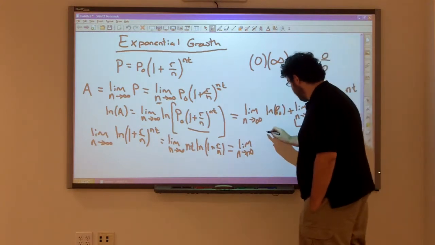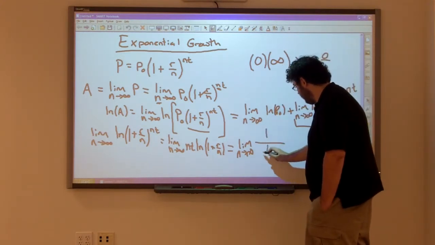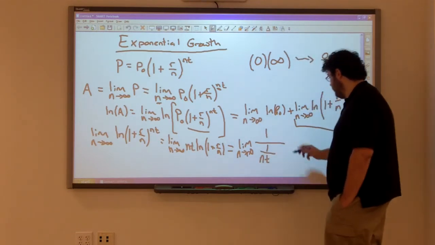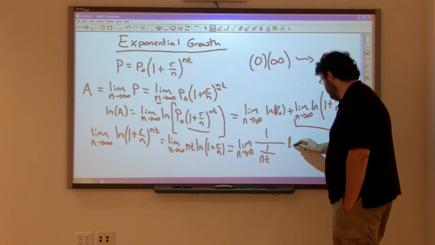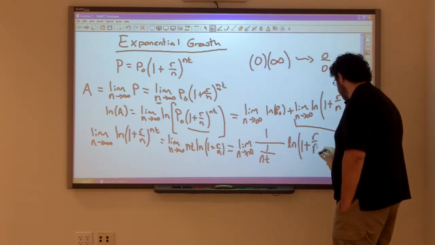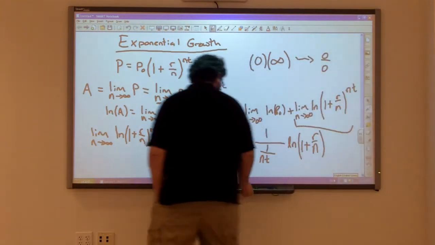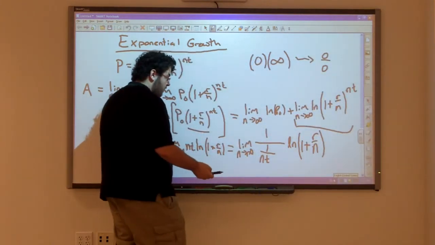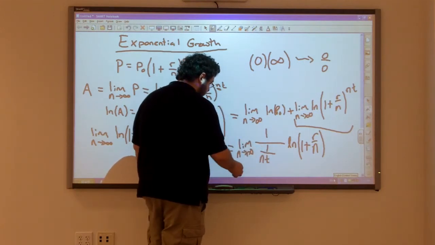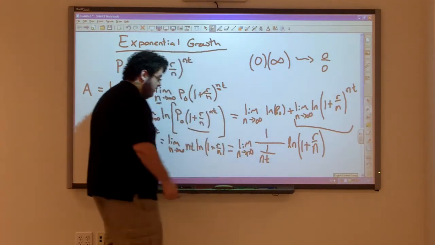We can do that by saying this is really 1 over nt times the natural log of 1 plus r over n. So now we have 1 over 1 over infinity.